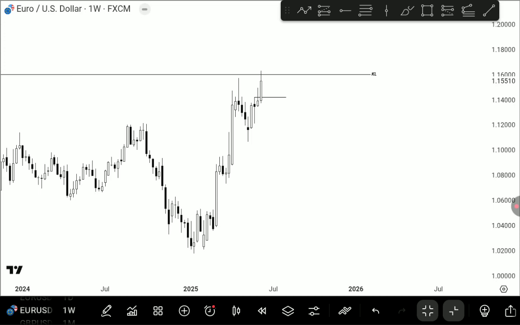So I'll start on the weekly. The reason why I start on the weekly is because we are in the middle of the month, right? And already at the start of the month, we are done the monthly outlook for my expectations for the whole month, right?